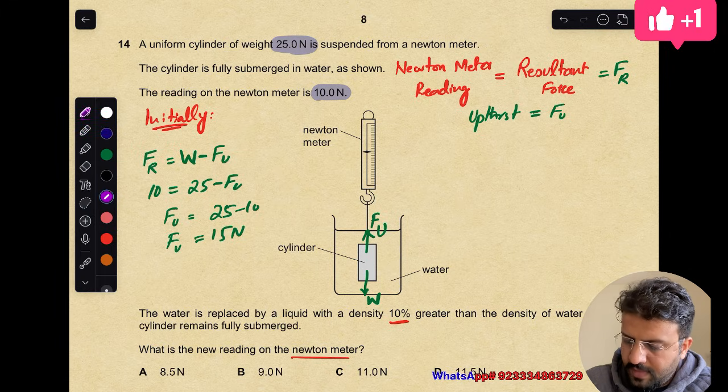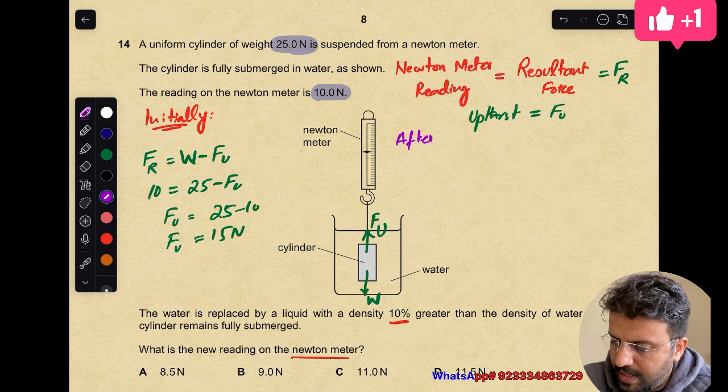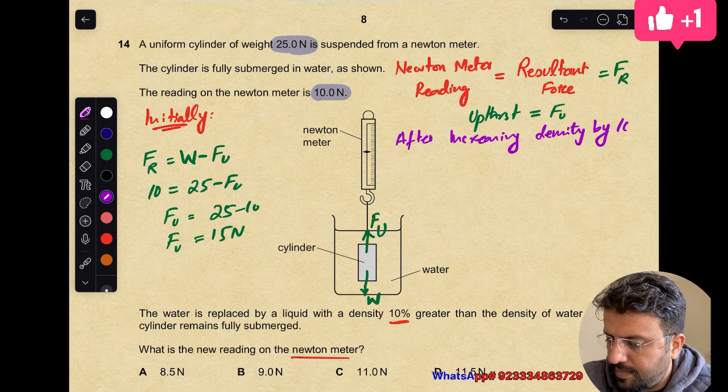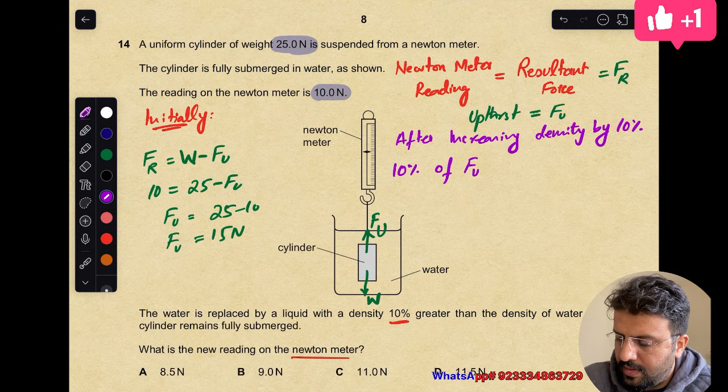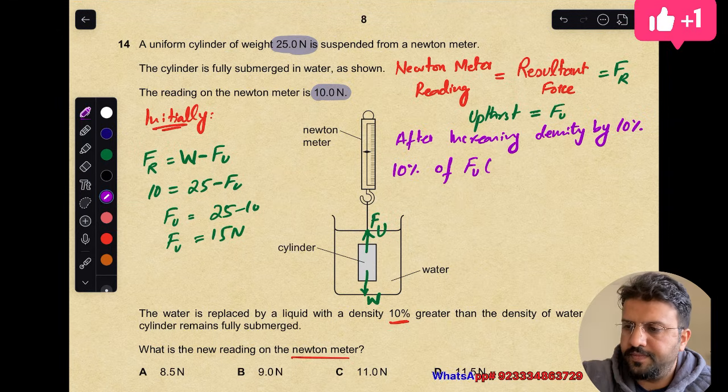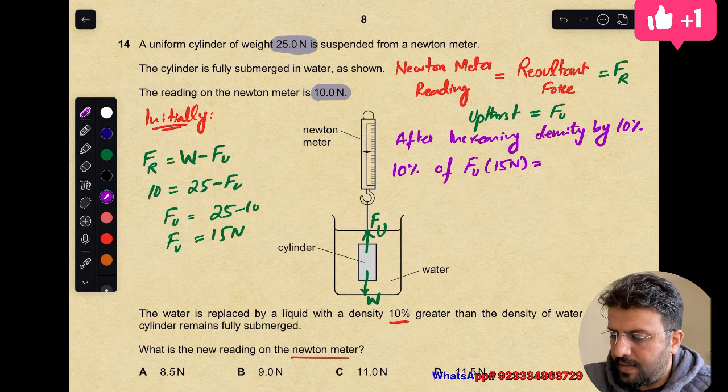Now let's figure out the next scenario, after increasing the density by 10%. I have to find 10% of FU, which is 15 Newton. So 10 multiplied by 15 divided by 100 gives me 1.5.